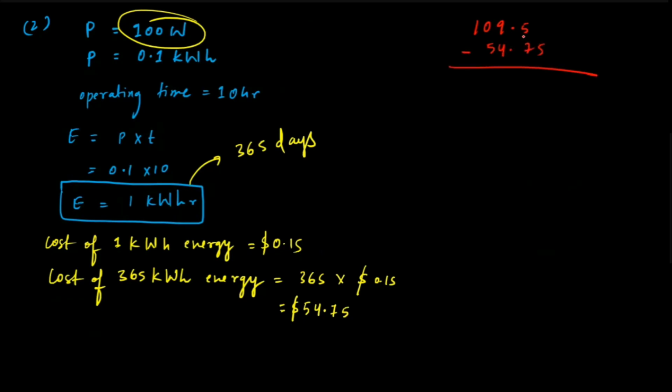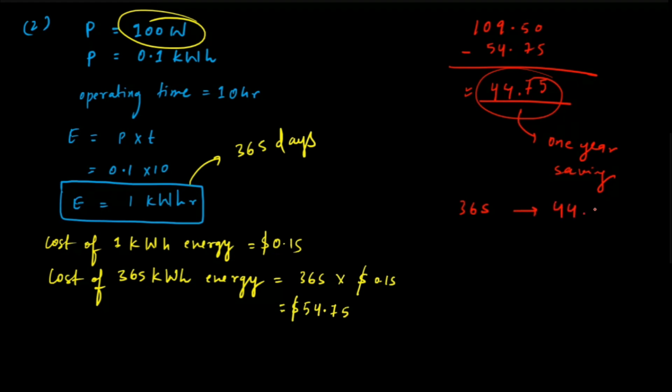If we just subtract these two terms, we get 54.75. So this amount has been saved throughout a year. This is the 1 year saving. So for 365 days, we saved $54.75.